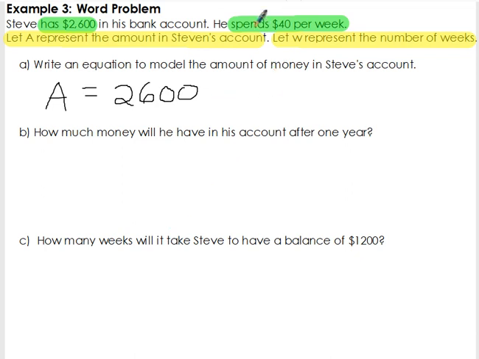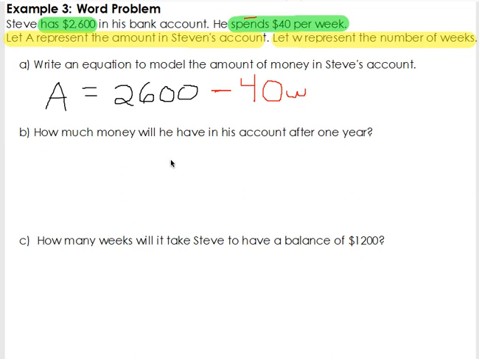He's spending, so he's minusing $40 for every week. So that would be our equation. The amount in Steve's account is $2,600, spending $40 for every week.